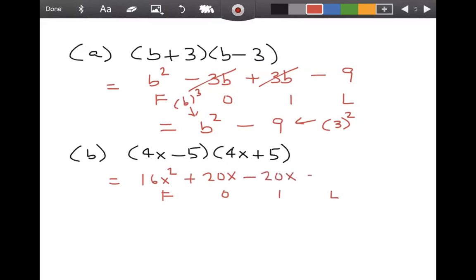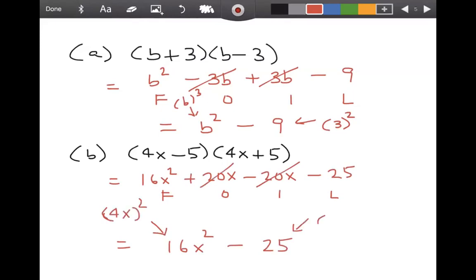Negative 5 times 5 is negative 25. So once again, the middle two terms cancel, leaving you with 16x squared minus 25. Notice that 16x squared is the square of 4x, and 25 is the square of 5. And again, you have that minus in the middle.